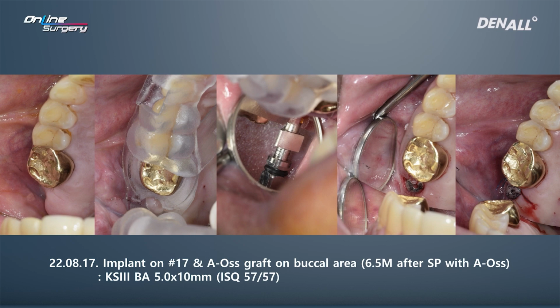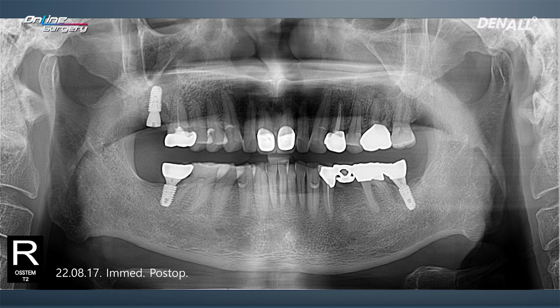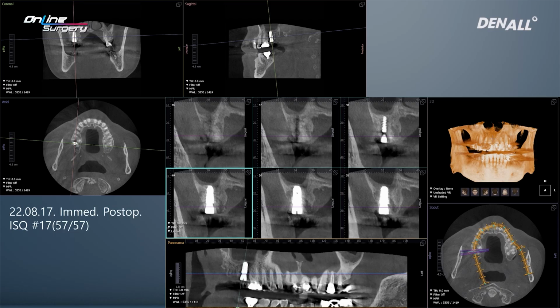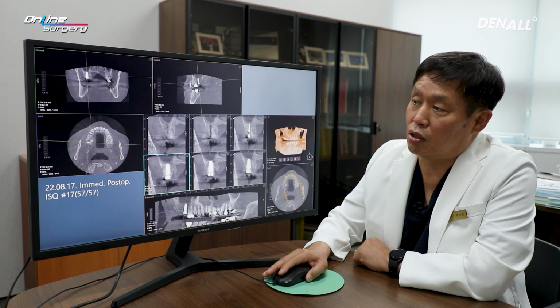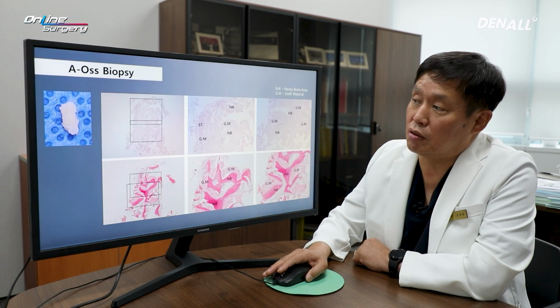It's not very visible here, but right after placement, incision was made, additional AOS graft was performed, and suture was done. This is immediate post-op. ISQ value was 57 and 57. You can see on the CT image that along with the implant, additional bone graft materials were placed in the buccal area.